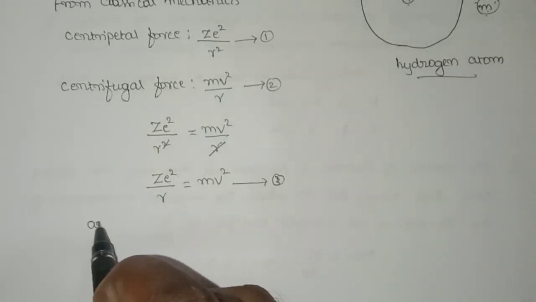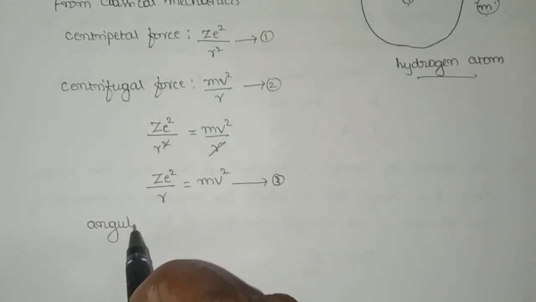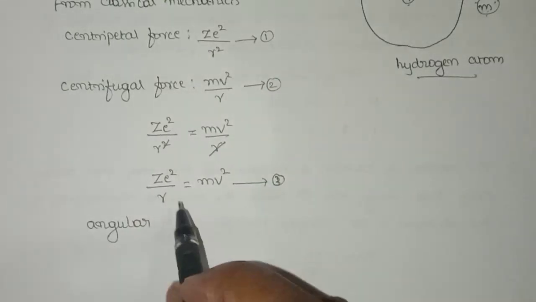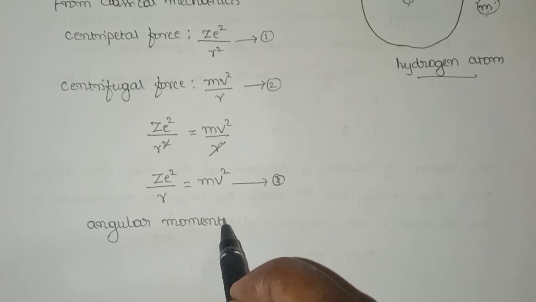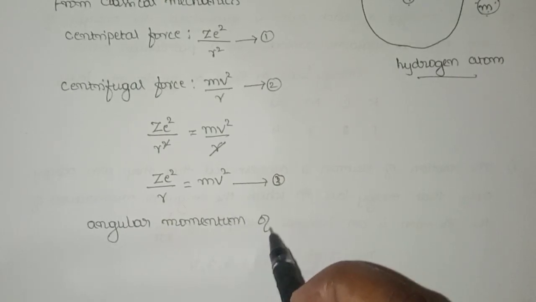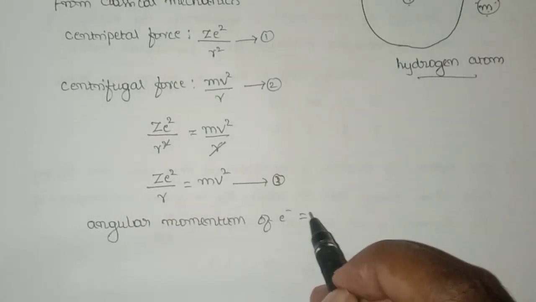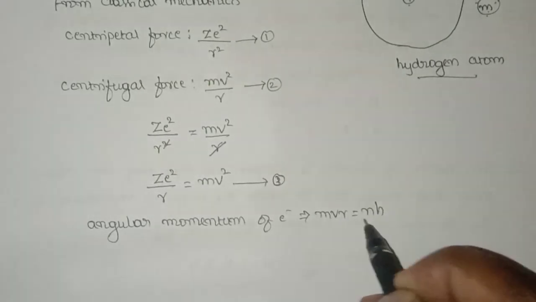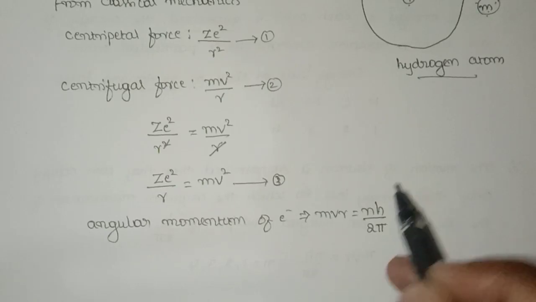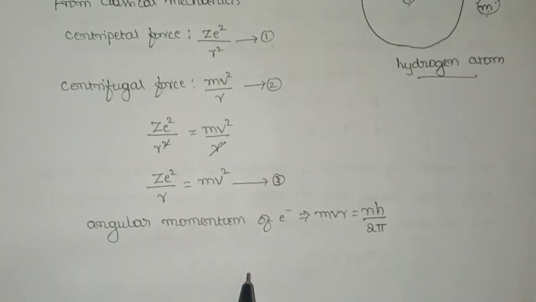Since it is revolving around the nucleus in a circular path, the angular momentum of the electron is given by mvr equals nh by 2 pi. This is purely in accordance with Bohr's theory of atom, that is, the angular momentum of the electron is an integral multiple of h by 2 pi.